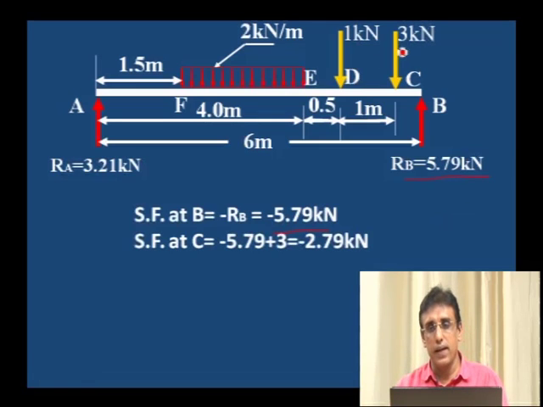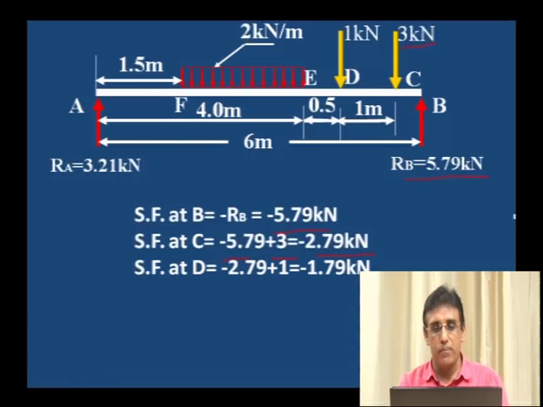Shear force at C is minus 5.79 plus the 3 kilonewton downward load, because the downward load is taken as positive. Minus 5.79 plus 3 is equal to minus 2.79 kilonewton, the shear force at C.